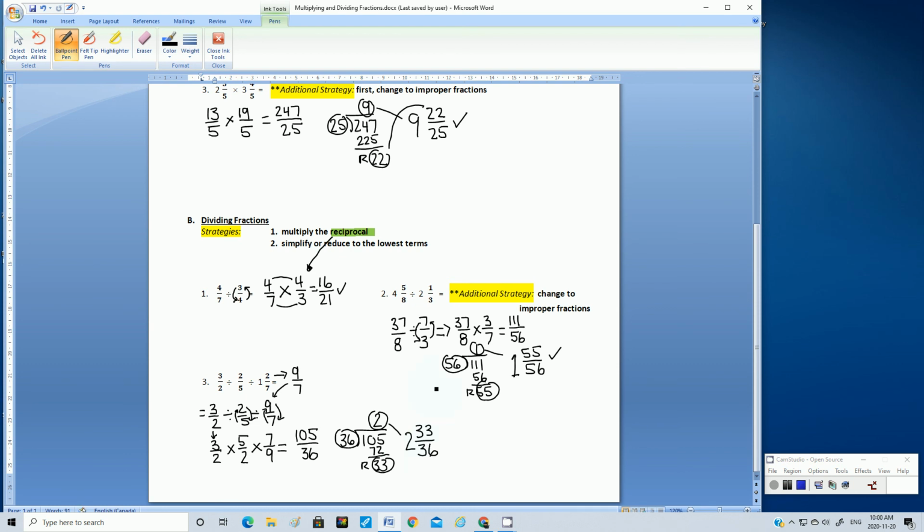So that was a lot of work to get to this point. However, we can't just move on. We always have to evaluate that fraction portion. Can it be reduced? I think that there is a factor for both 33 and 36. Can you think of a factor that goes into both 33 and 36? I think 3 does.